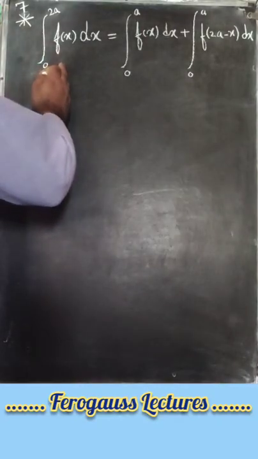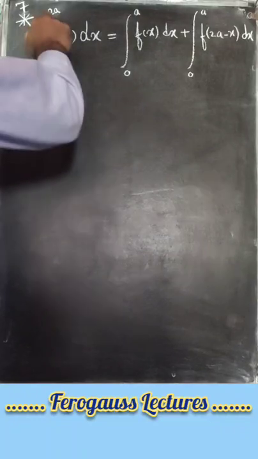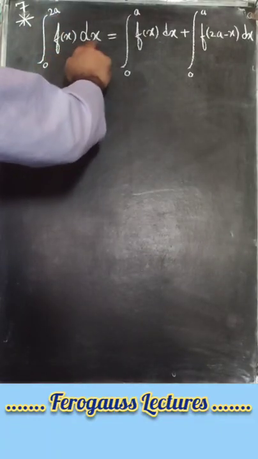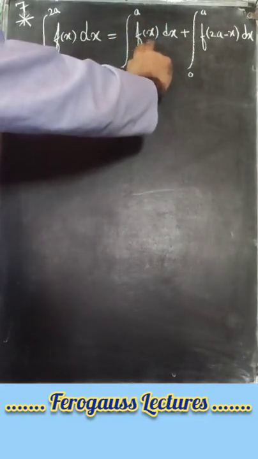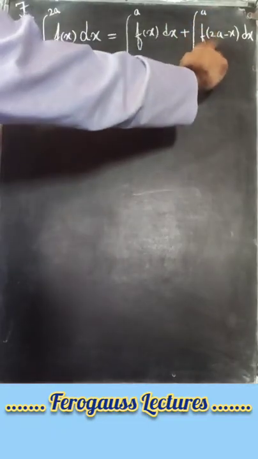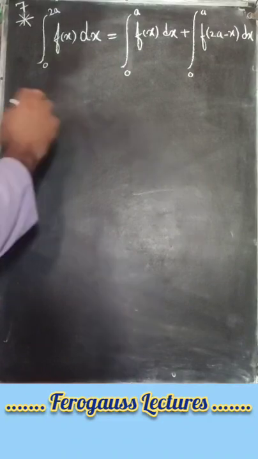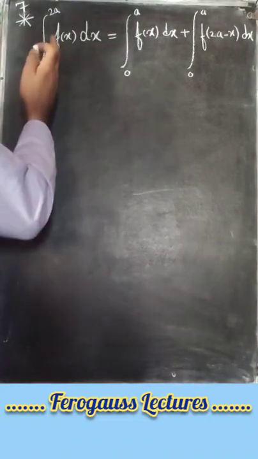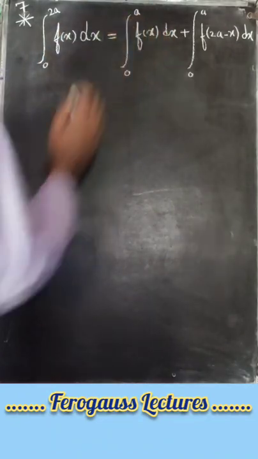Now this is the seventh property of definite integrals, which says that integral 0 to 2a of f(x) dx is equal to integral 0 to a of f(x) dx plus integral 0 to a of f of 2a minus x dx. Okay, to prove this result, we take LHS and we show that this LHS is equal to RHS.